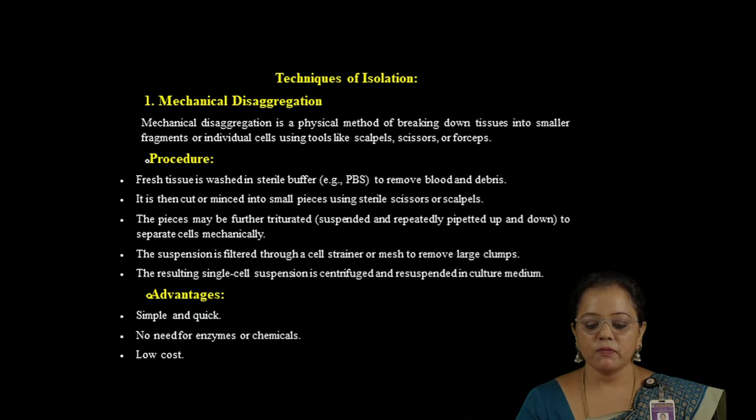The pieces may be further suspended, pipetting up and down repeatedly to separate the cells. Then the suspension is filtered through a cell strainer or mesh to remove large clumps. The resulting cell suspension is centrifuged and resuspended in the culture medium. So what are the advantages? It is simple and quick, there is no need for any enzymes or chemicals, and it is low cost.